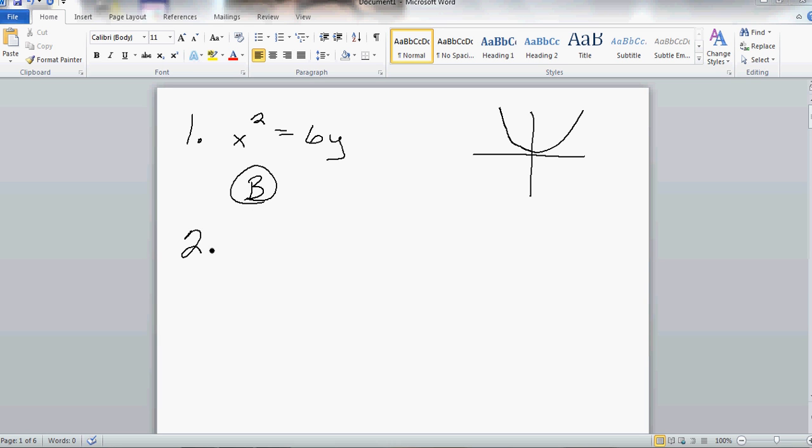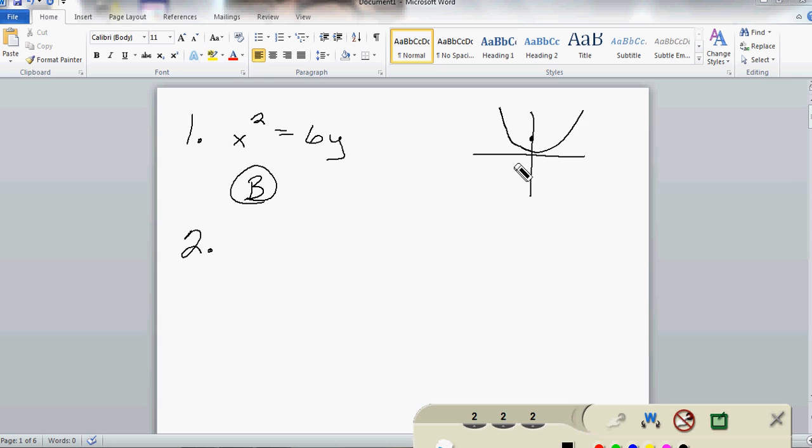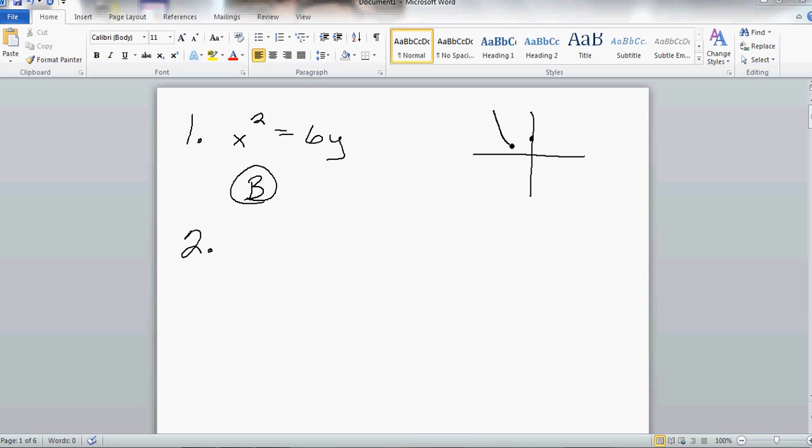Now number 2. On a parabola we have to realize we have some points. I'm going to redraw this a little bit closer and use this as my notes. We get a point here, and we get another line along here.